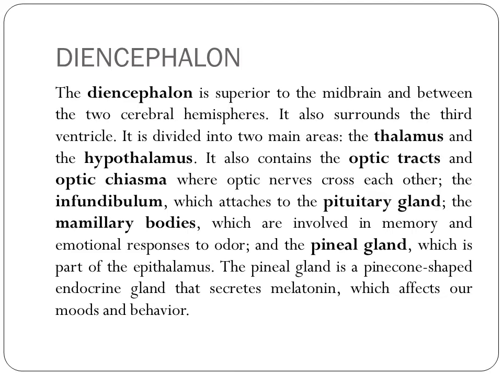It also contains the optic tracts and optic chiasma where optic nerves cross each other, the infundibulum, which attaches to the pituitary gland, the mammillary bodies, which are involved in memory and emotional responses to odor, and the pineal gland, which is part of the epithalamus. The pineal gland is a pine cone-shaped endocrine gland that secretes melatonin, which affects our moods and behavior.